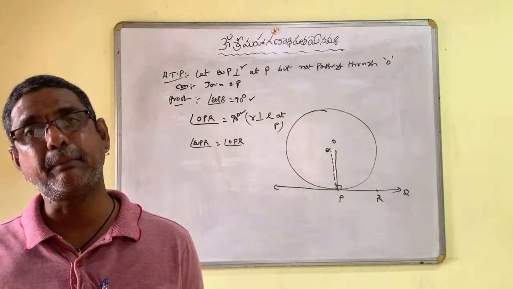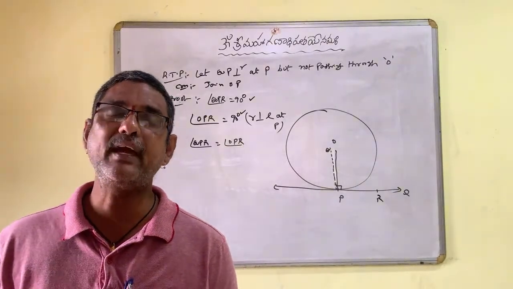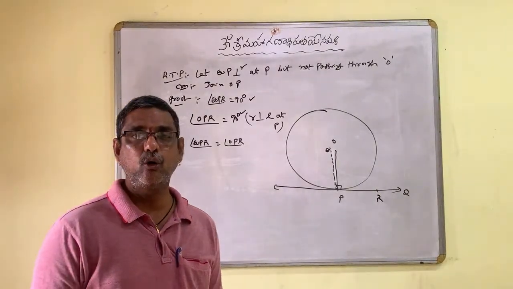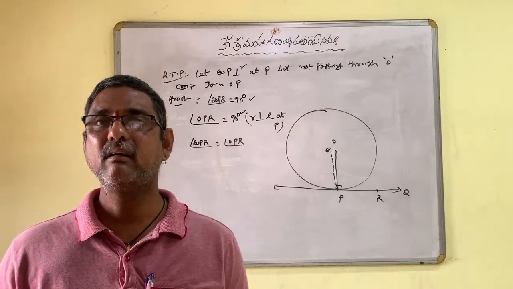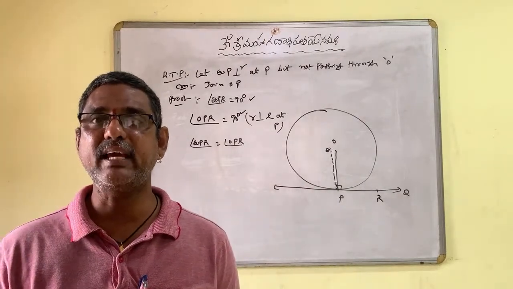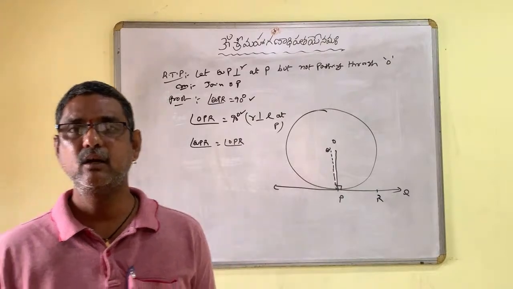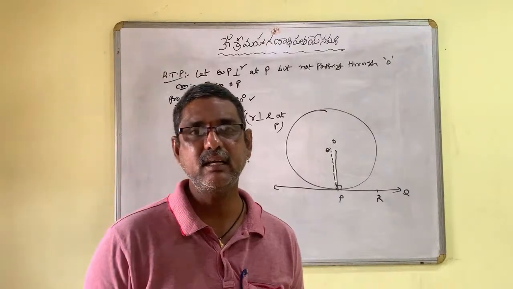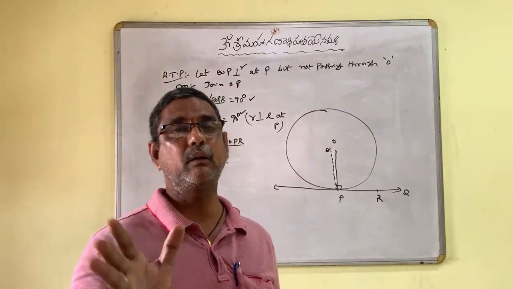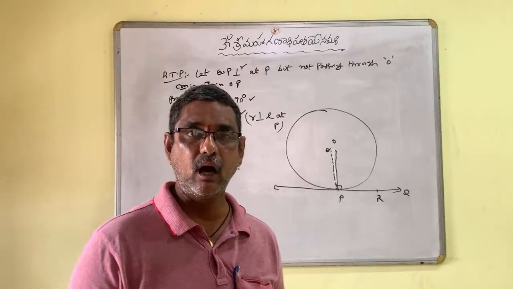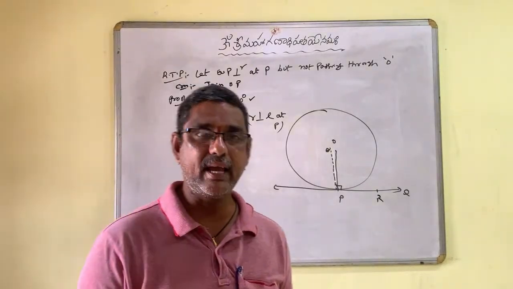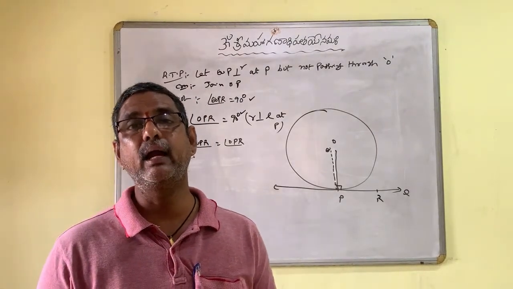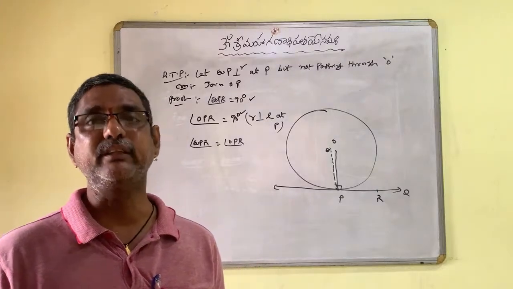QP is a perpendicular at P to line L. OP is also perpendicular at P to line L. So that means we can see two different perpendiculars at the same point, which is not possible. It is possible only when both QP and OP coincide with each other.